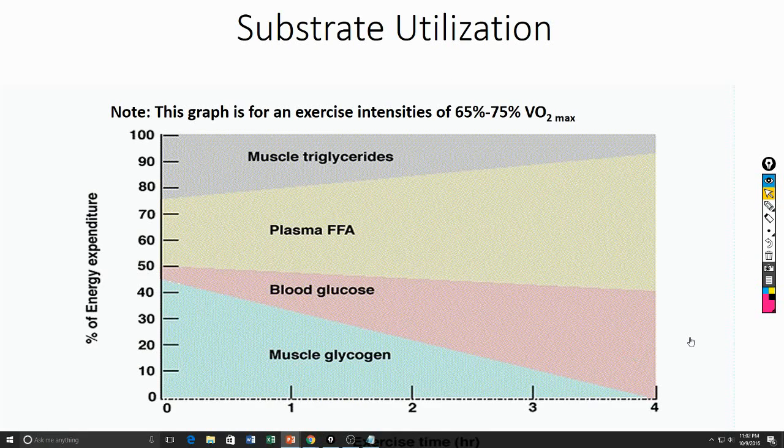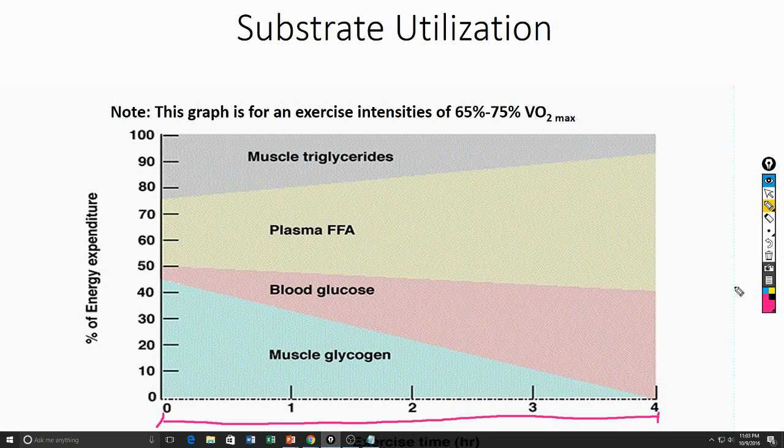So, looking at this graph, this is time of work on the x-axis. Y-axis is percentage of energy expenditure. So once again talking about muscle glycogen versus blood glucose versus plasma fatty acids versus triglycerides. Whoever did this study, the participants exercised for 4 hours at an intensity of 65 to 75%. That right away tells you that these people are trained, because an untrained person just can't go for 4 hours.